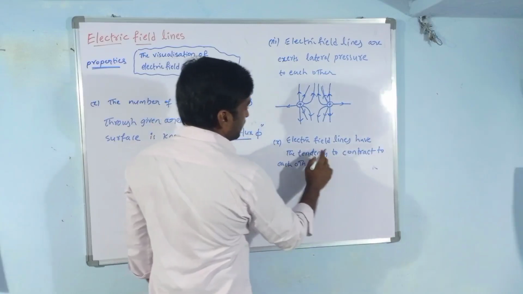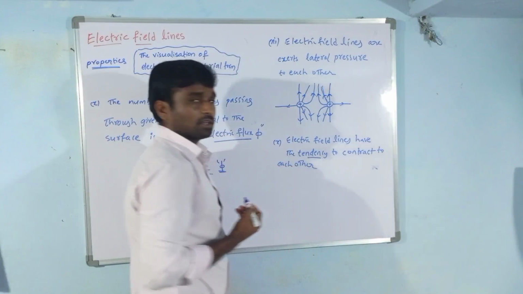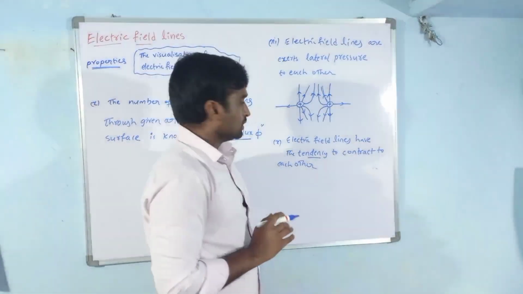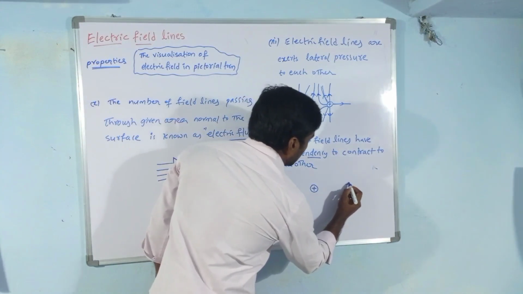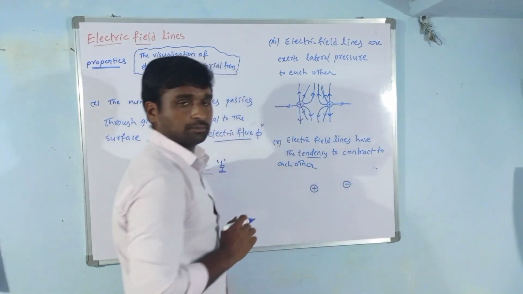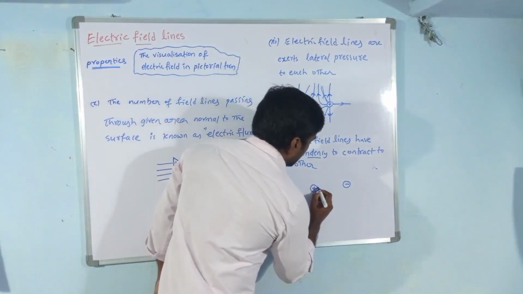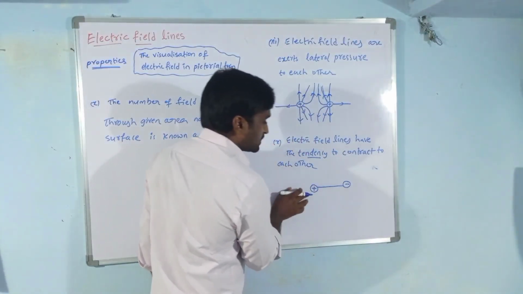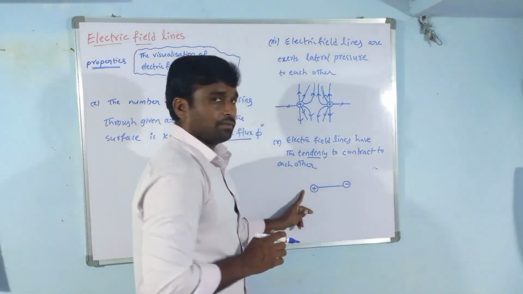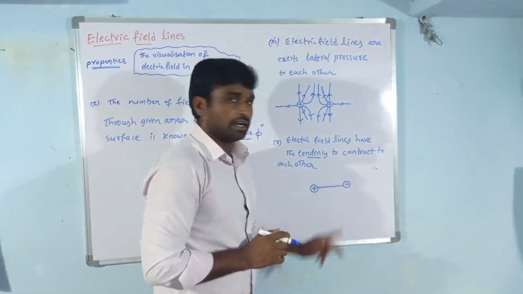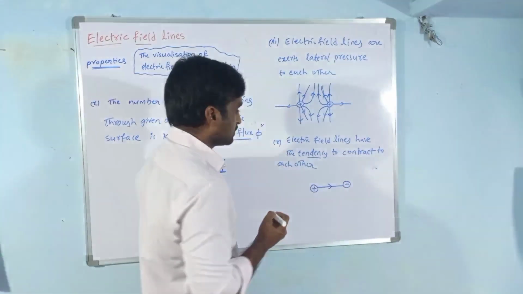What is the 12th property? Electric field lines have a tendency to contract. When we bring unlike charges close to each other, what happens? Electric field lines originate at a positive charge and terminate at a negative charge. That means electric field lines start at a positive charge and end at a negative charge, that is this line.